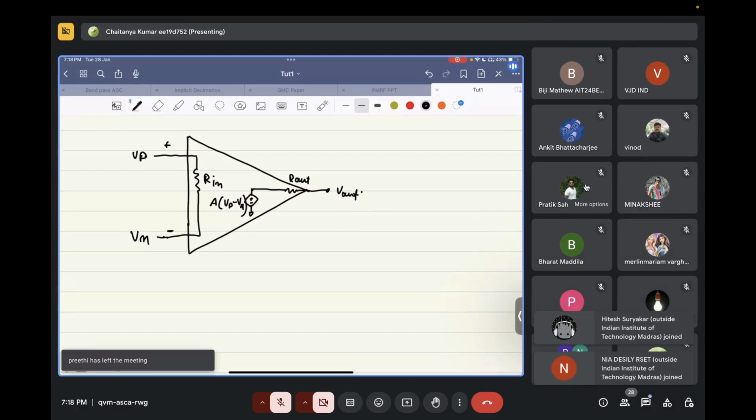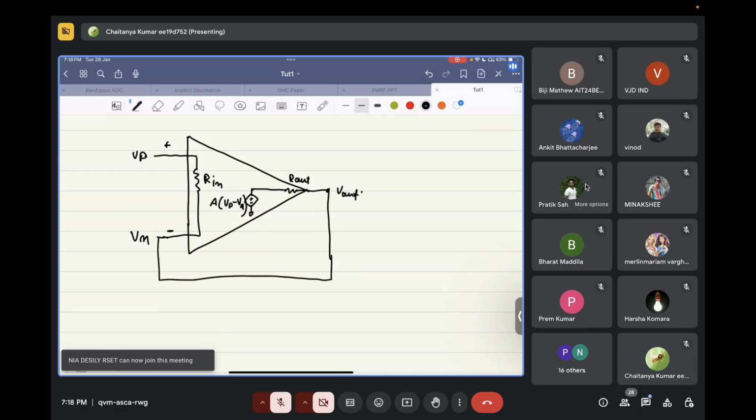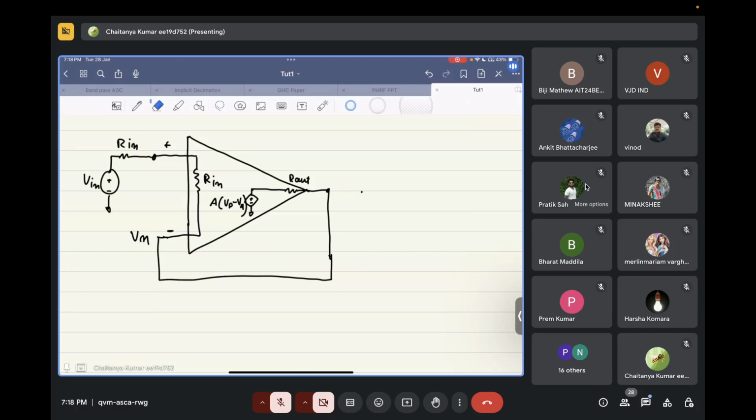So let's say there is some V in over here. We have some Rn over here. We have some V in over here, and this is driving a load resistance of RL.